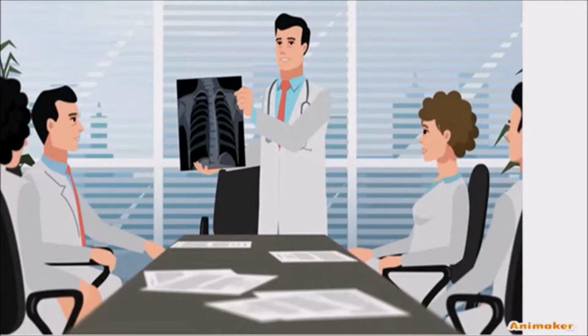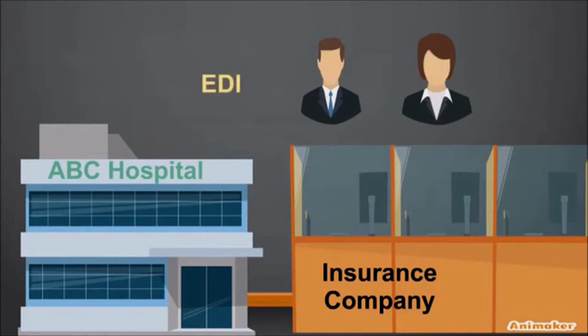In parallel, doctors work on the case to improve the patient's condition. Upon treatment completion, the health service provider submits a medical bill called a claim to the insurance provider seeking payment. The claim may be in electronic format or in paper format.